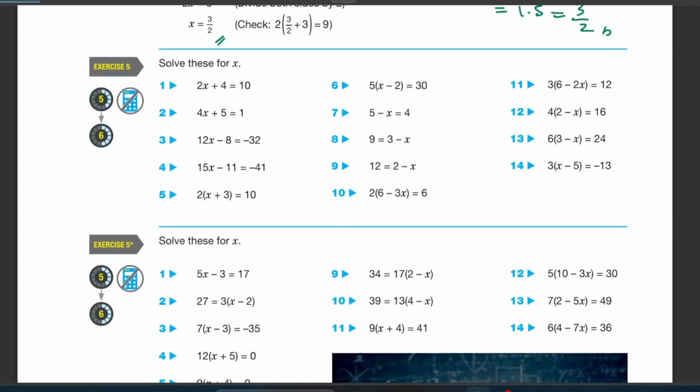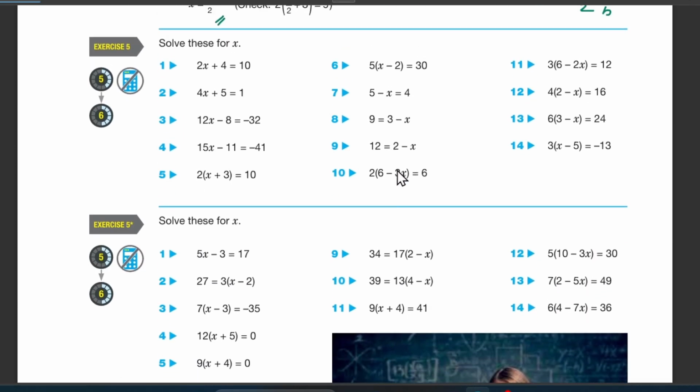So I'll do this one. So the first thing to do is getting rid of this 2. So I divide both sides by 2. Now I'm left with this.